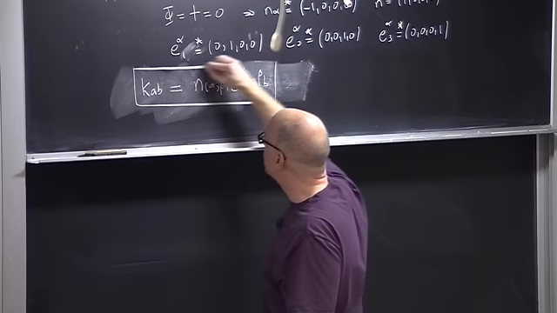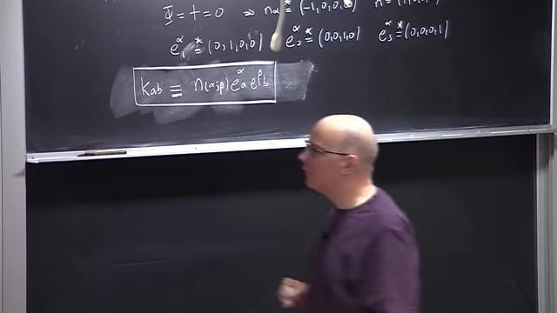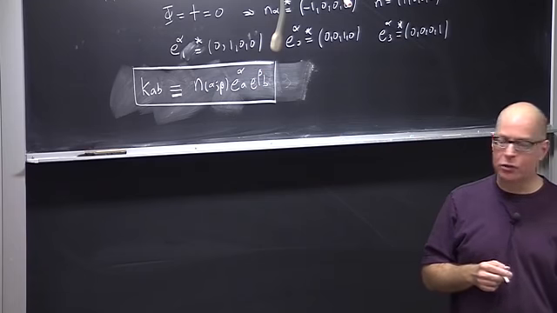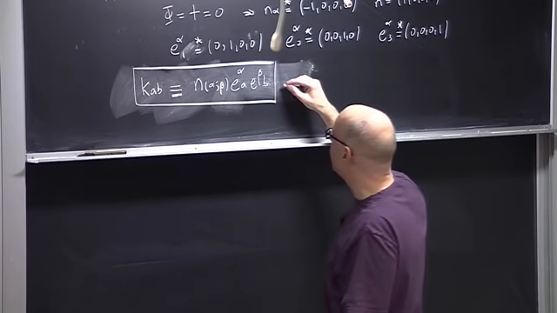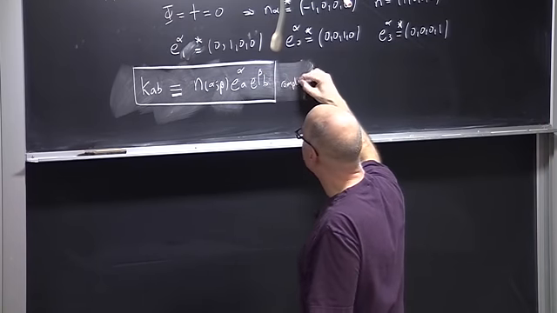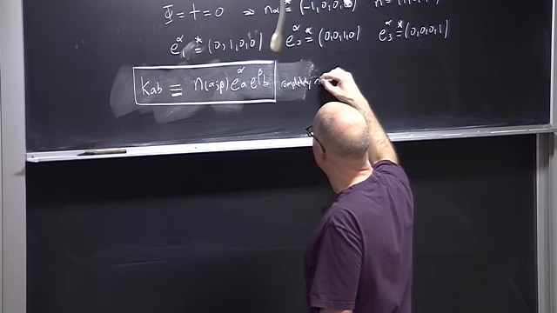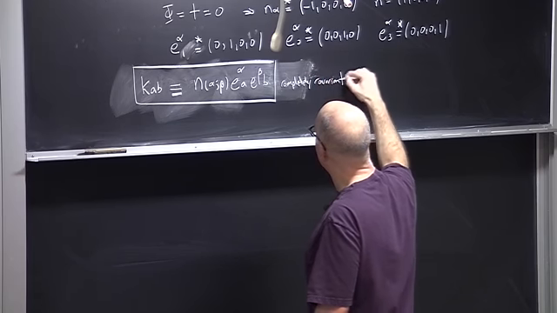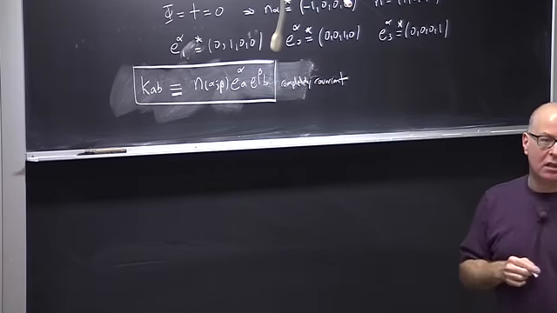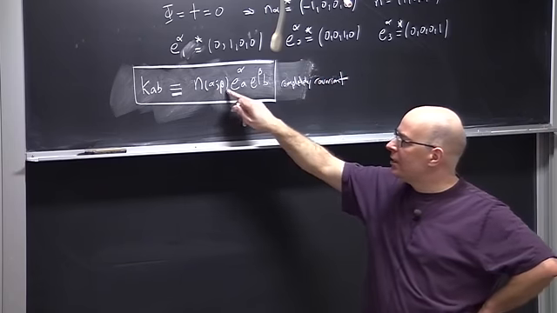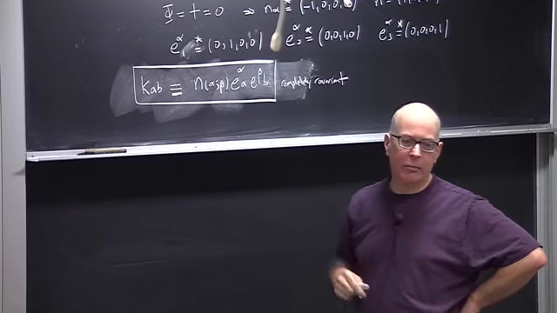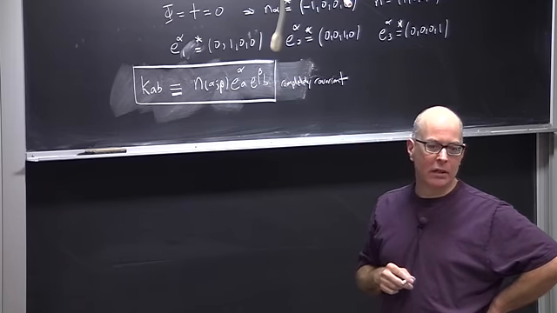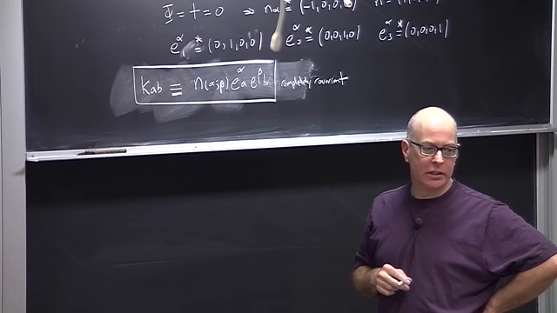And this I would regard to be really the fundamental definition of the extrinsic curvature. This is completely covariant. I've symmetrized the indices here, and that will guarantee that K_AB is symmetric in its two indices.